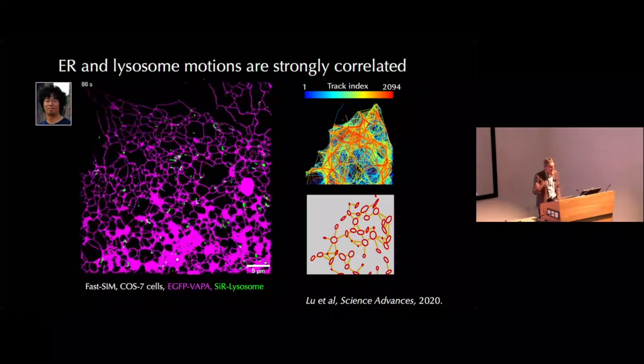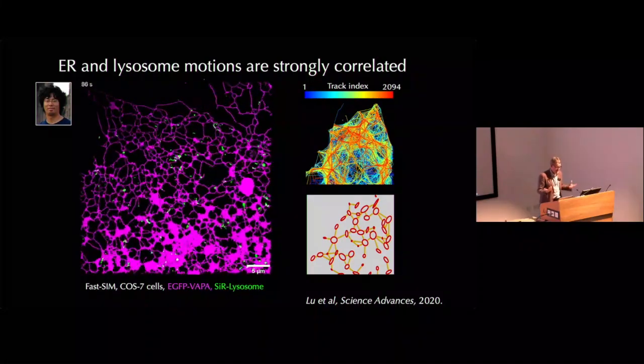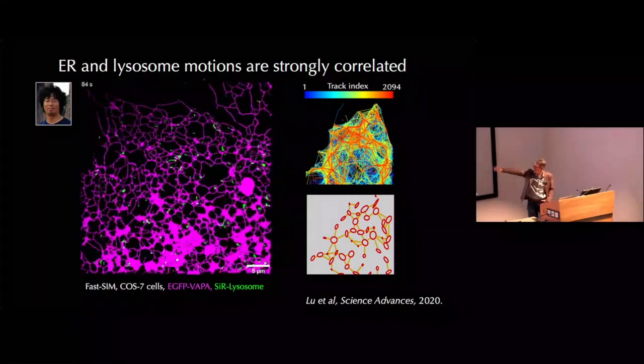It's not completely surprising because there are lots of contact points between lysosomes and ER. But if you look at some of these individual events, you can see that sometimes these lysosomes seem to drag ER tubules behind them. They seem almost like sewing machines, bringing the tubular network to make connections inside.